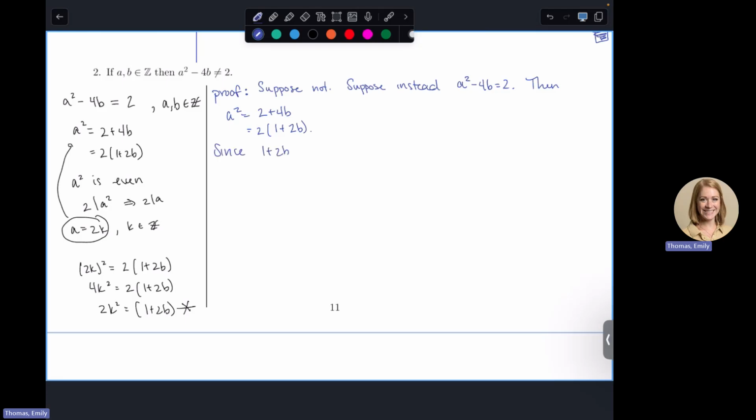Since 1 plus 2b is an integer, a squared is even. Thus, 2 divides a squared. And since 2 is prime, this only works for prime things. Since 2 is prime, 2 divides a. Then a is equal to 2k for some integer k.